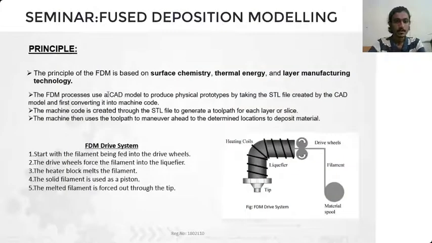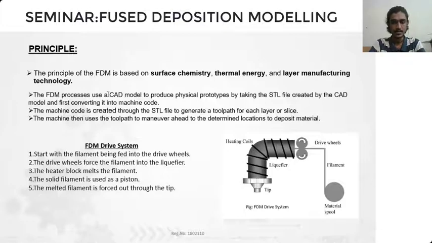Then the principle. For the FDM process to take place, one has to know the concept of surface chemistry, thermal energy, and layer manufacturing technology. And as mentioned in the previous slides, in the FDM process also, a CAD file has to be created. That is, the 3D model of the required product has to be created as a CAD file.